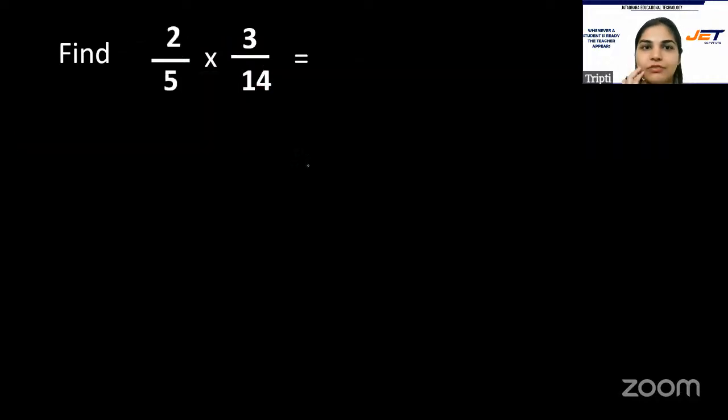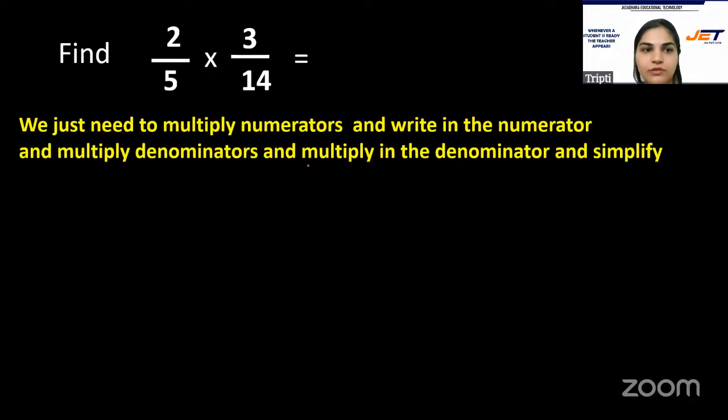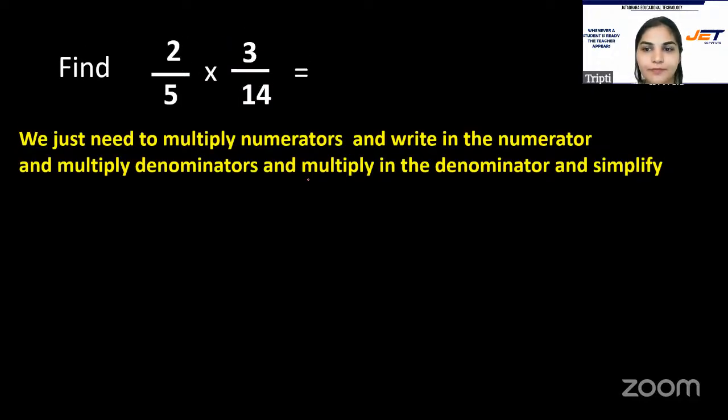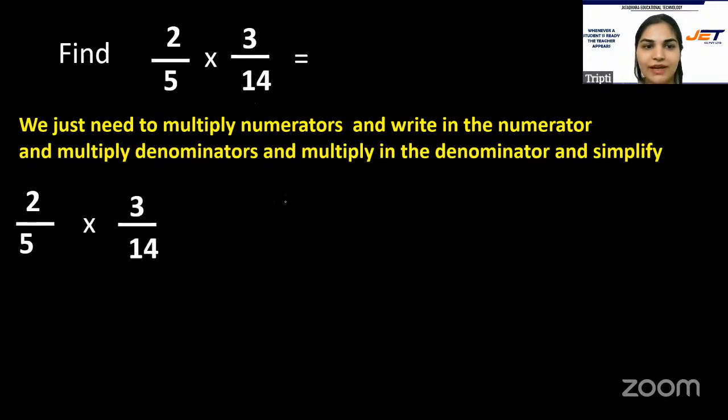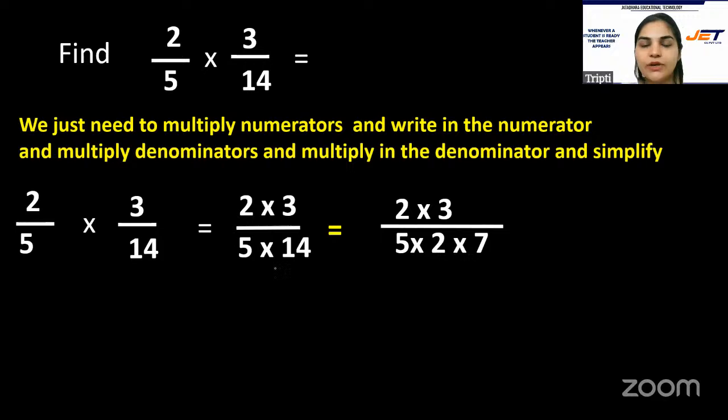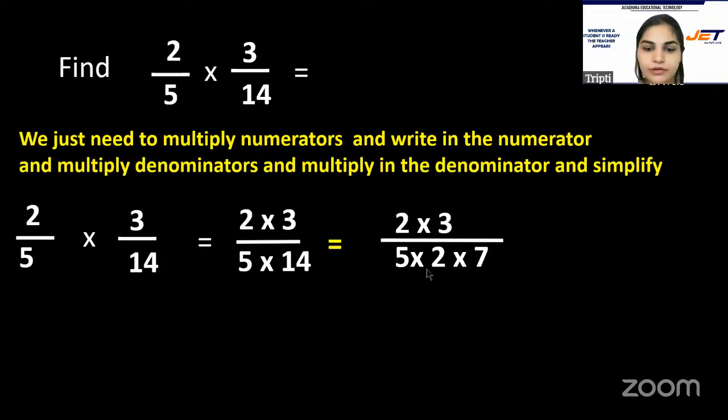Okay, 2 by 5 times 3 by 14. How to do it? 2 times 3, 5 times 14. Let's do it. You can either split it here or do it later on.